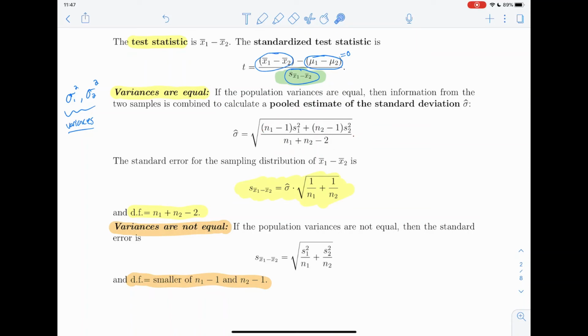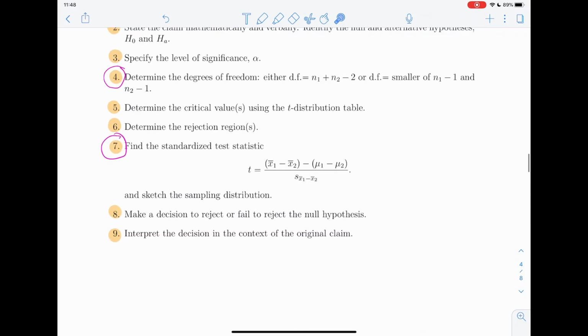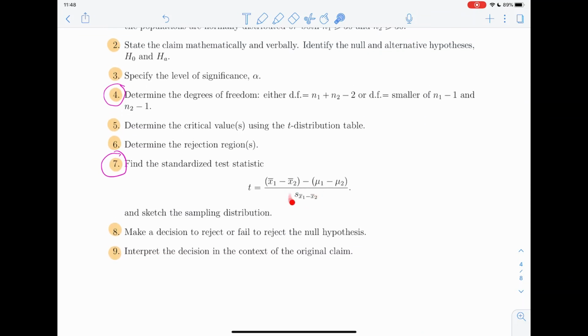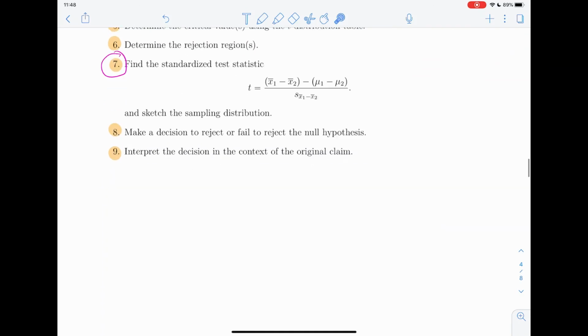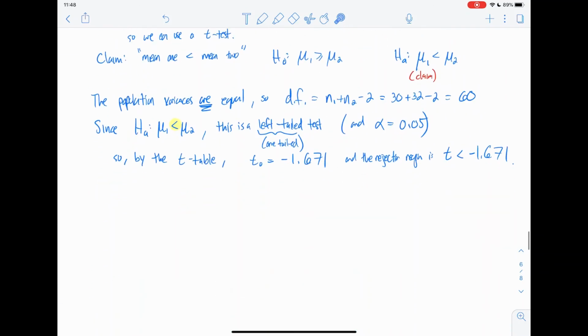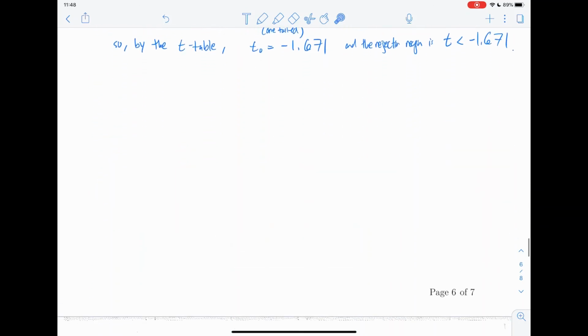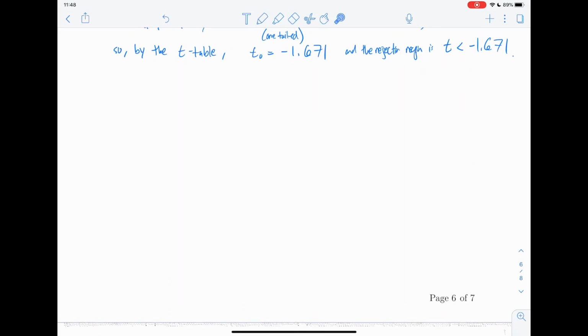So it may be useful in our problem right now to start by computing the standard error, which requires these formulas put together, then take that standard error, put it inside of our standardized test statistic, which then will compute the standardized test statistic. So in the space provided, I'm going to start by computing the standard error.